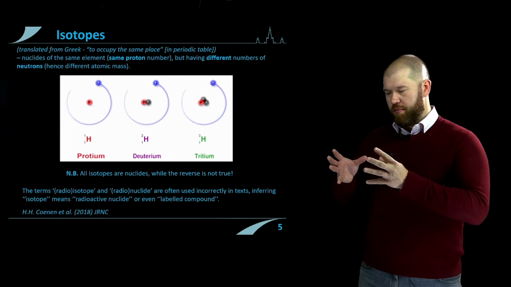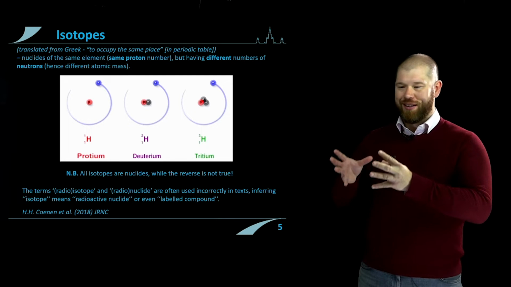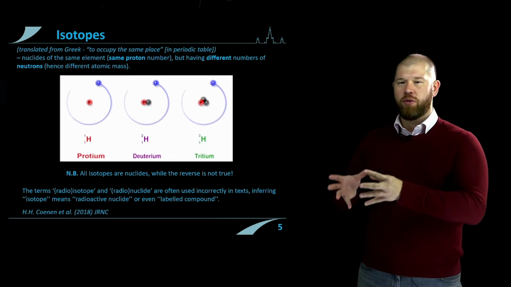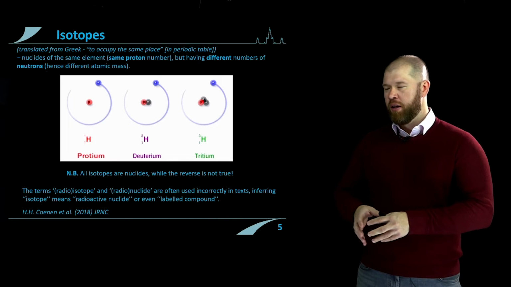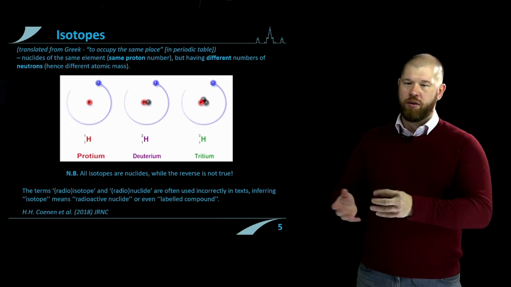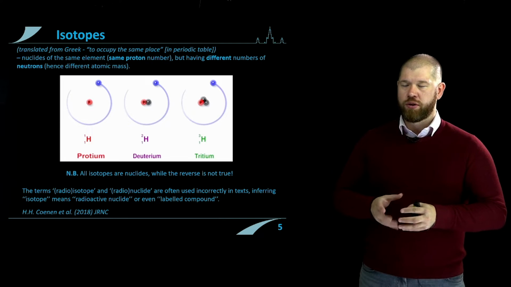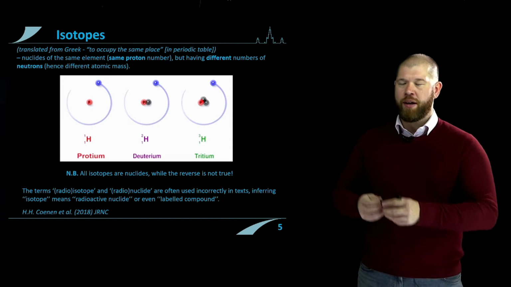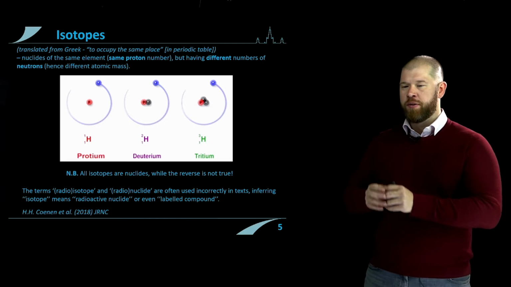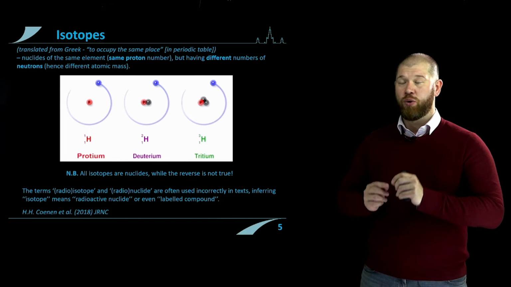As the number of protons defines the position of the element in the periodic table, and thus the chemical properties of the element, the number of neutrons defines the total mass of the certain isotope or certain nuclide.